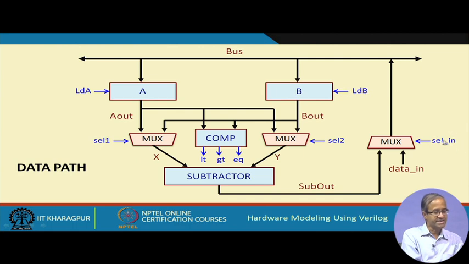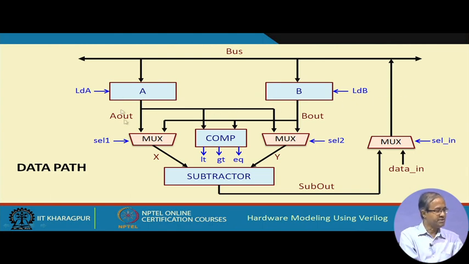And this select in control signal of the multiplexer will select which of the inputs is selected. During the normal computation after subtraction, the result will have to be stored back into either A or B. For that, I will have to select this input of the multiplexer, this sub out will be coming to the bus and we will again be selecting either load A or load B.